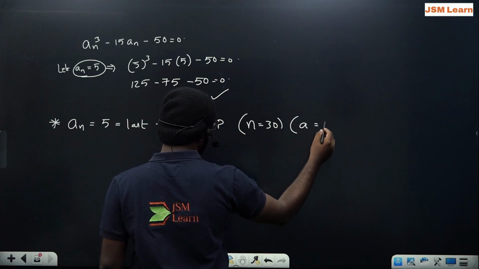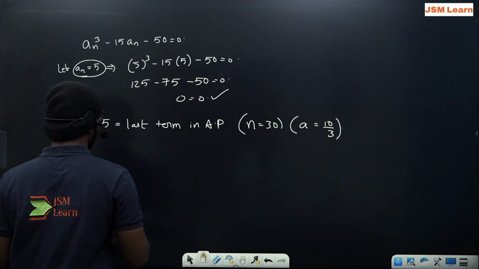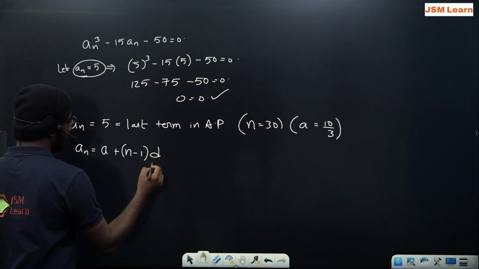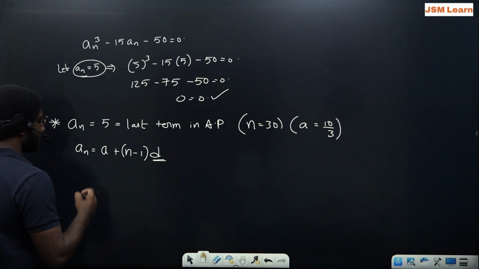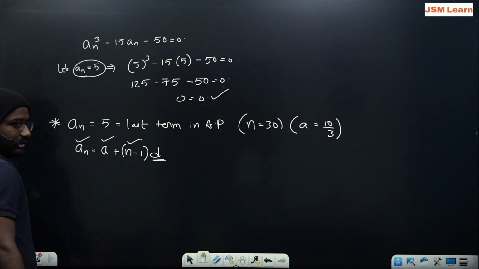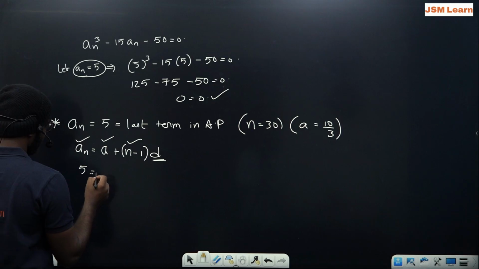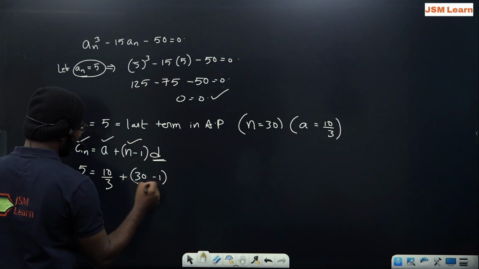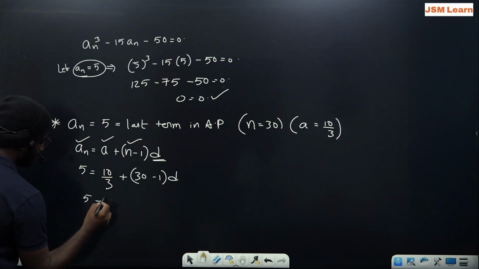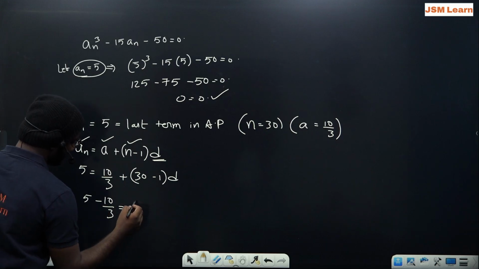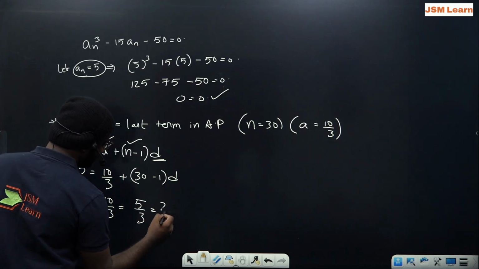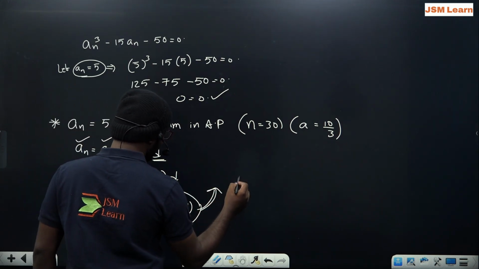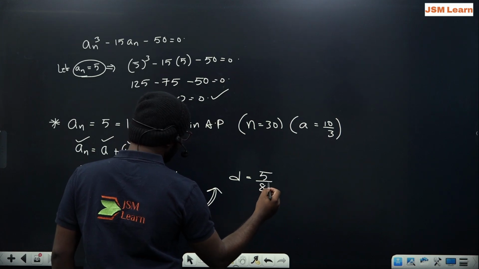And A is equal to 10 by 3. So we know the formula An is equal to A plus (n minus 1) into D. We are going to find the common difference by substituting the A value, n value and An value. 5 is equal to 10 by 3 plus (30 minus 1) into D, which gives 5 minus 10 by 3 is equal to 5 by 3, which is equal to 29 times D. So from here D is equal to 5 by 87.